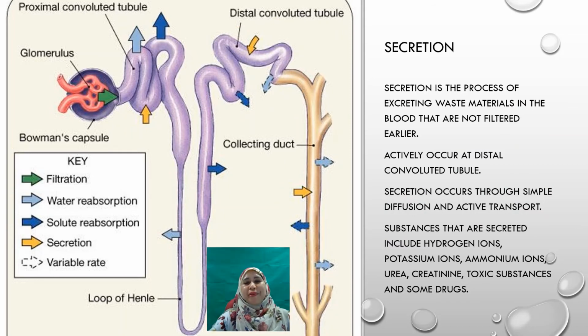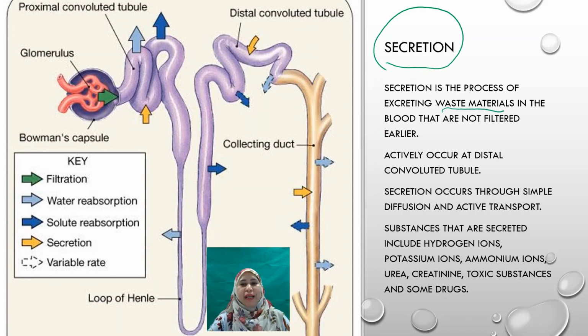The last process is secretion. Secretion is the process of excreting the waste material in the blood that was not filtered earlier during ultrafiltration. These secretions actively occur at the distal convoluted tubule.